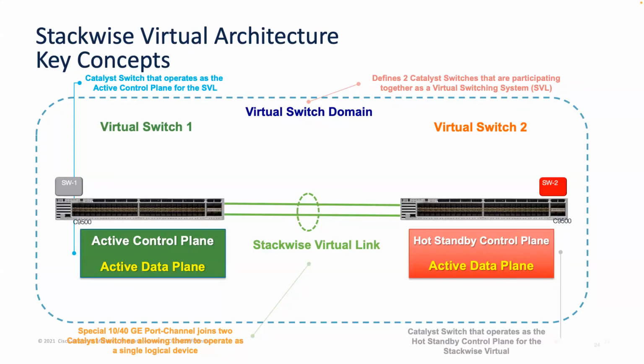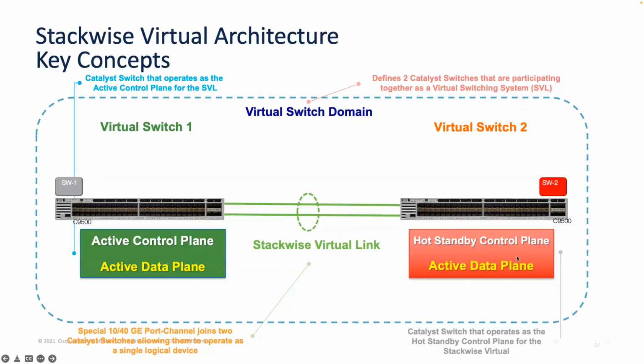We also have the active and standby roles in SV. All control plane functions are centrally managed by the active switch in the SV domain, and the other switch, the standby switch, takes the standby role and monitors the health of the active switch.